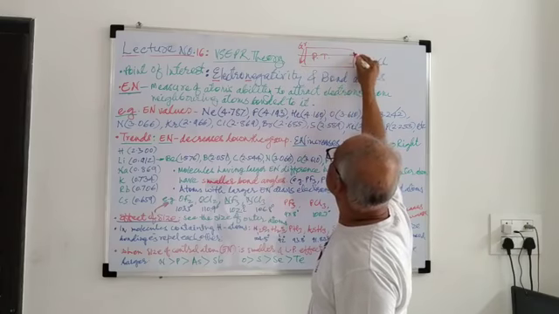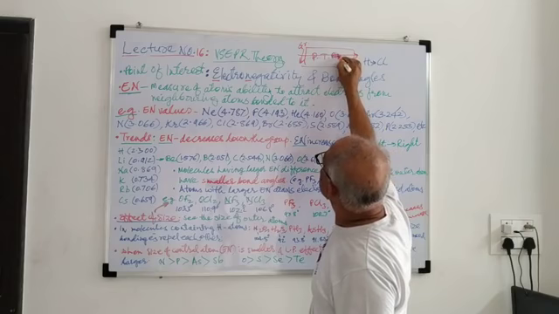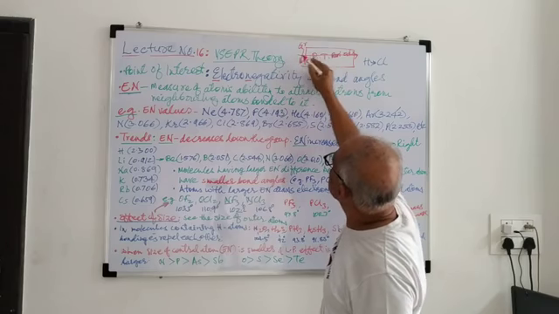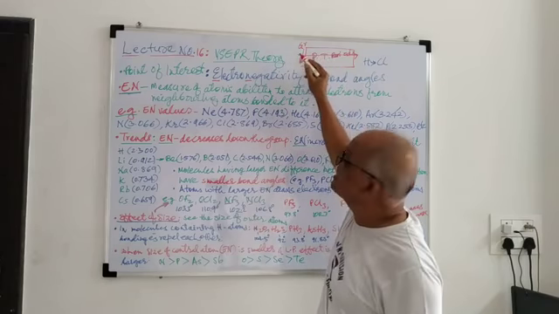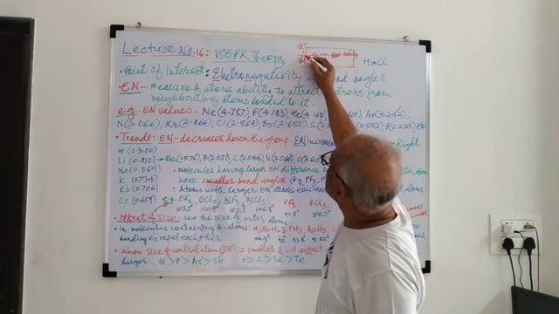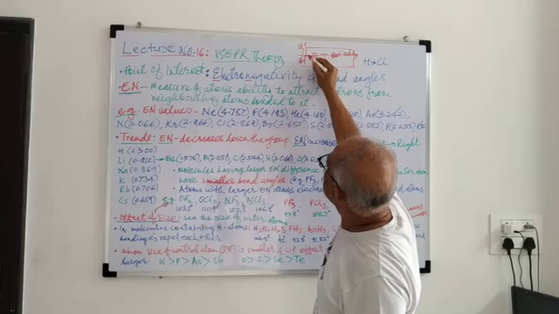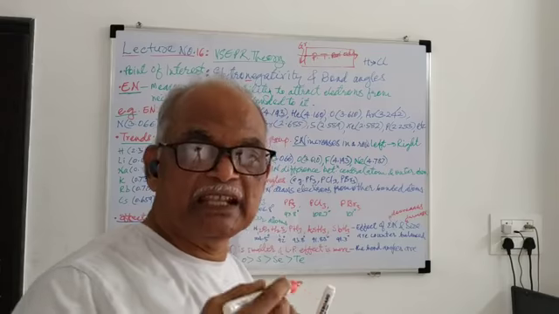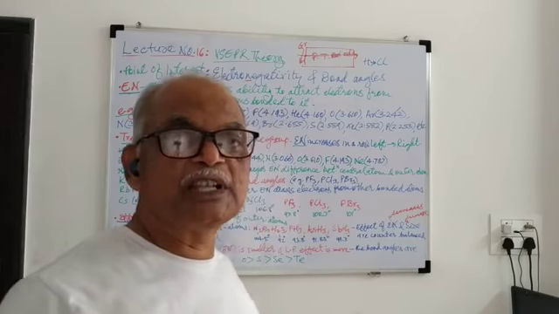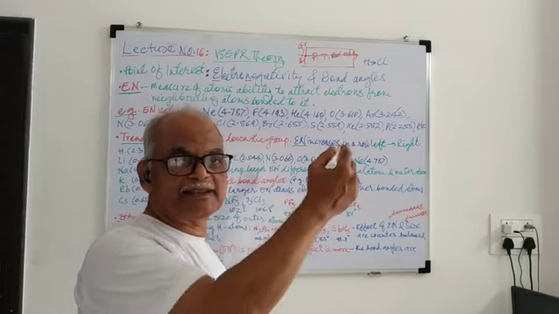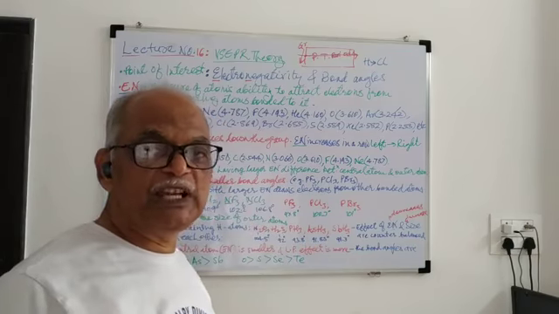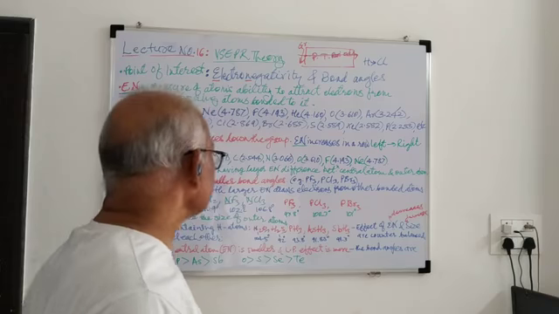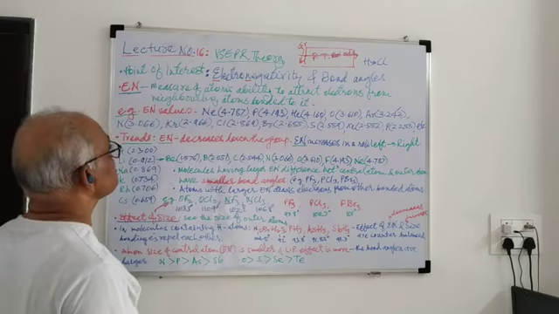Then there are horizontal periods. As we move from left to right along a period, the electronegativity values are minimum at the left, and as we move towards the right, the values gradually increase. The elements at the extreme right of the periodic table will have the maximum electronegativity. So the trend of electronegativity shows in this way.